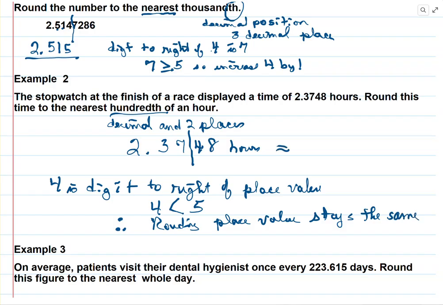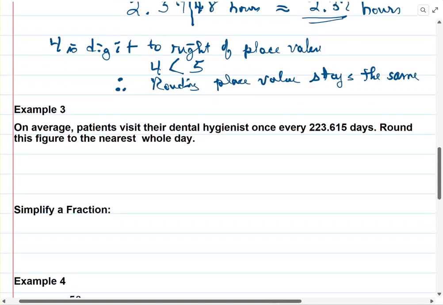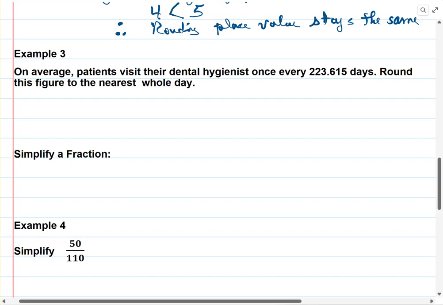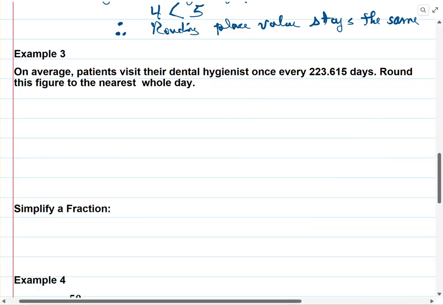So this one rounds to 2 and 37 hundredths hours. That's what you'll round it to. And on a race, they go to much finer fractions in some cases. Okay, now we have another example.